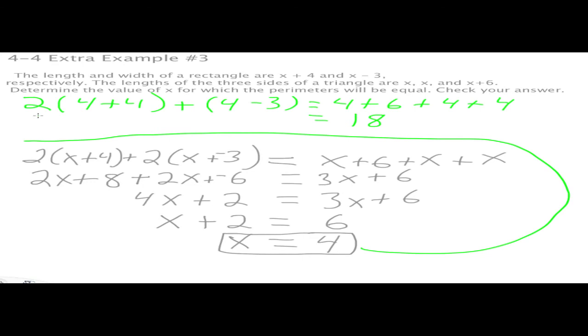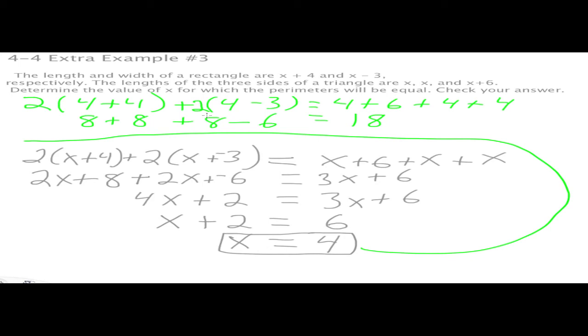2 times 4 is 8, plus 8, plus, I think I left something off here. I left off a 2, huh? That's horrible. I'm glad we caught it. 2 times 4 is 8, minus 6. 2 times minus 3 is minus 6. 8 plus 8 is 16.